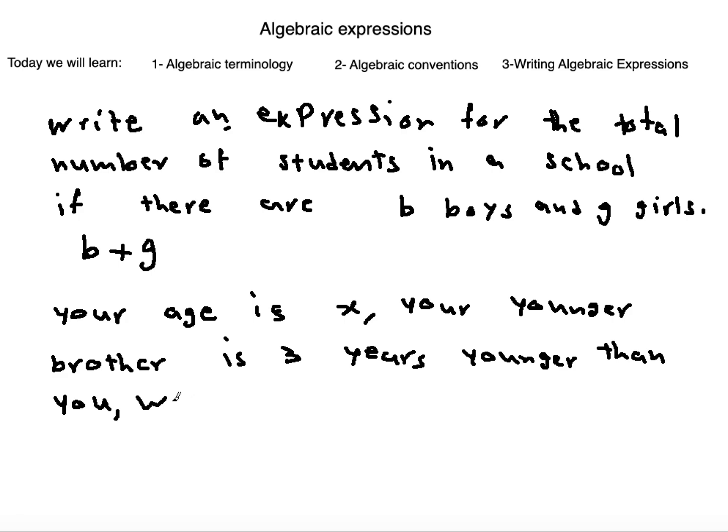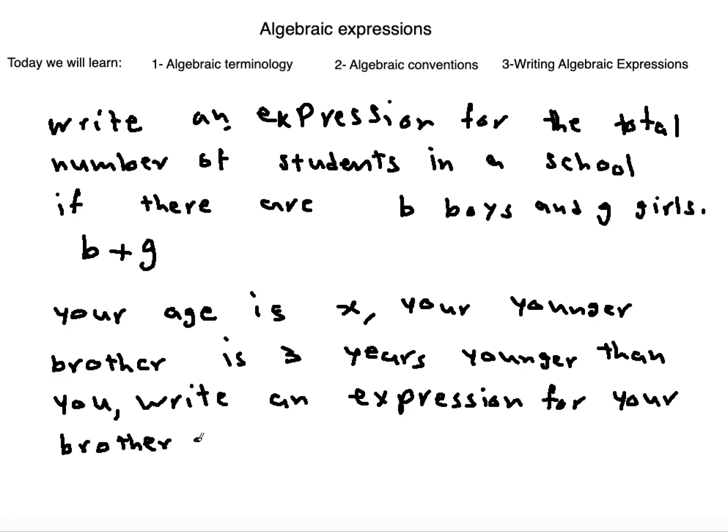Write an expression for your brother's age. Say, assume your age was 18. Then your younger brother would have been 15 because 18 take away 3 is 15. Here we don't know what your age is, but whatever your age is, we need to take away 3 from that. So your answer is going to be X minus 3. Whatever your age is, take away 3.